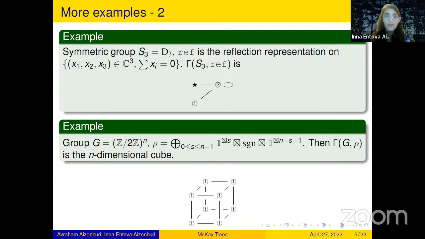And here is an example where we actually take a reducible representation. If we take an elementary 2 group, so this is just the cyclic group on 2 elements to the power n, we can take a very big representation, which is just a sum of sign representations for different factors. And in that case, the graph which we obtain is actually an n-dimensional cube.